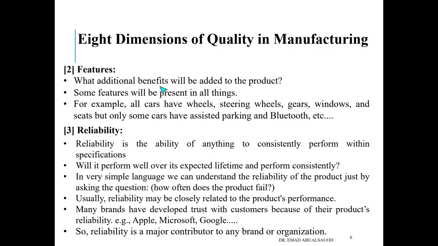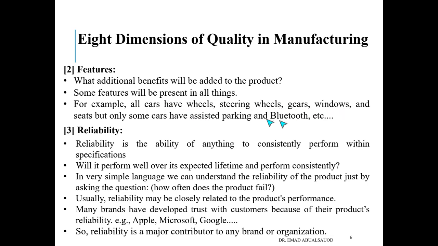It can be applied as a feature to the same exact car, like panorama glass or some of the technology features like auto parking or the airbag, how many airbags there are, and so on.